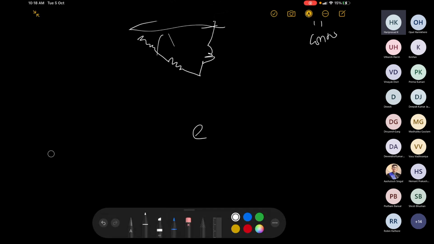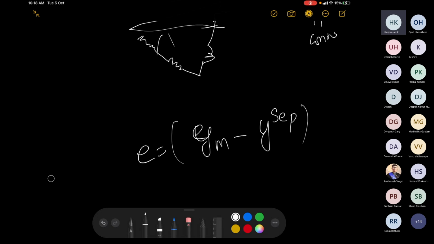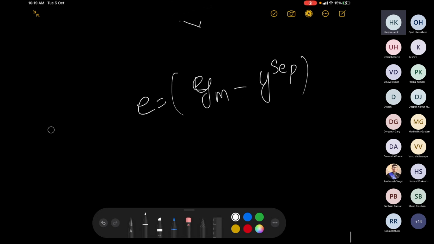You will get the signal of the measurement element, ym, in terms of 4 to 20 milliamps or something like that, and you will have the reference set point in terms of 4 to 20 milliamps, and that would be your error. And all your controller output P is proportional to the error that your DCS would calculate.